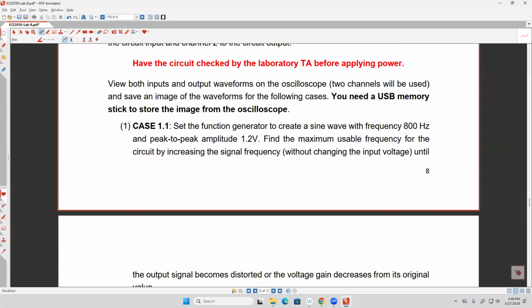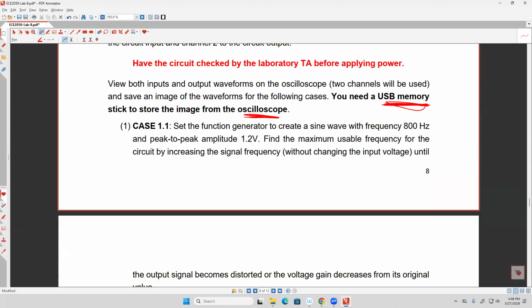By the way, if you don't know, the oscilloscopes we have can use a USB memory to store pictures and images. In the final report you need to put the picture.